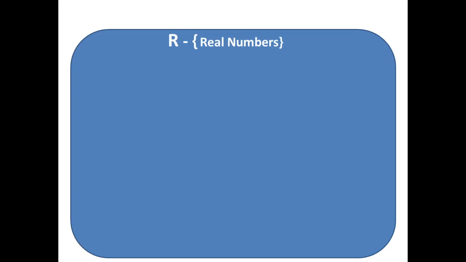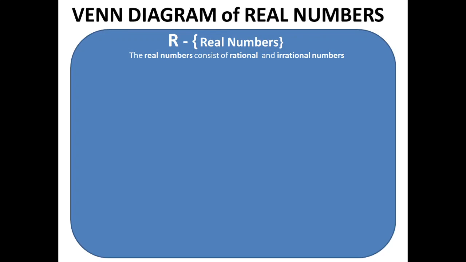Say that our real numbers will be our universal set. The real numbers consist of rational and irrational numbers. Now, using the Venn diagram of real numbers, wherein real numbers will be our universal set.